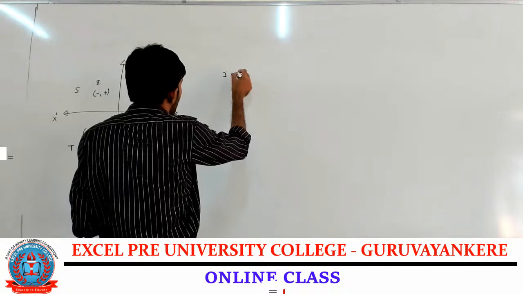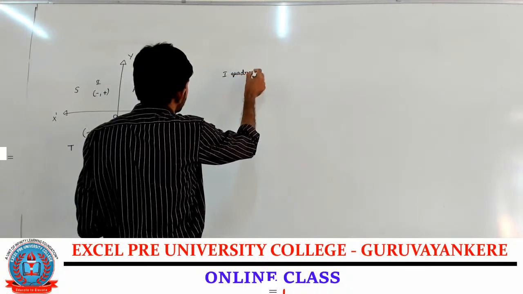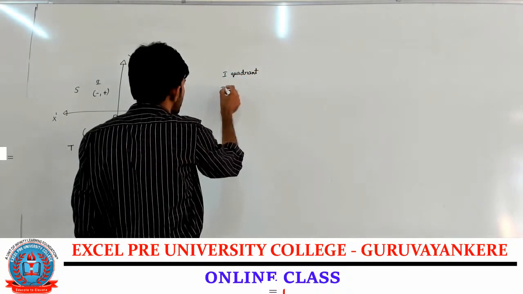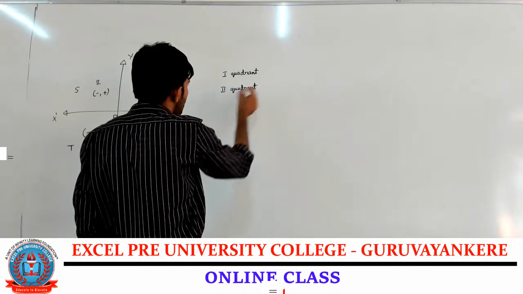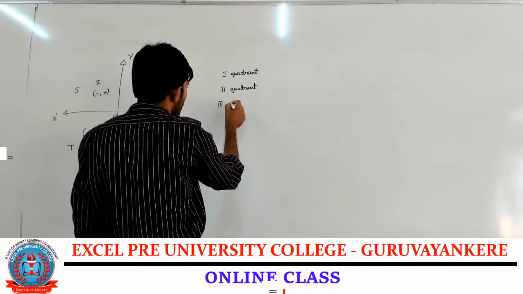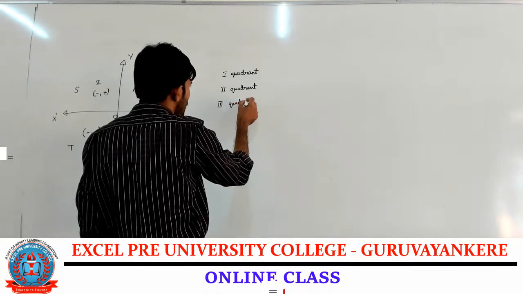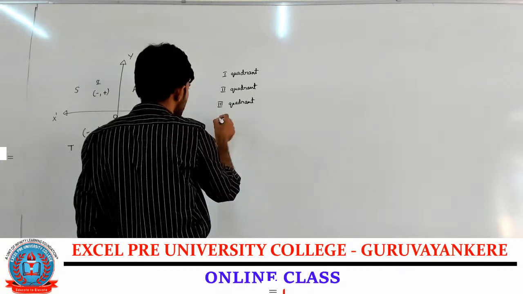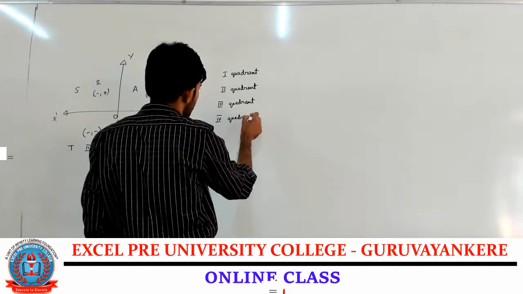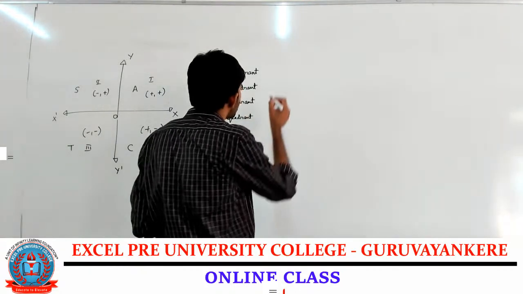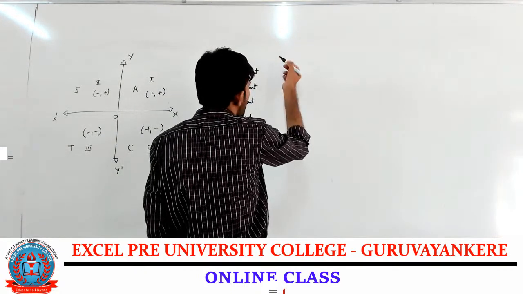In the first quadrant, second quadrant, third quadrant, you can make a column like this. First quadrant, all trigonometric functions are positive.